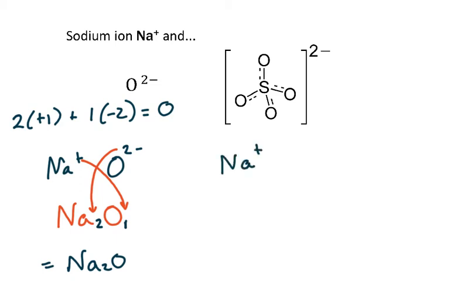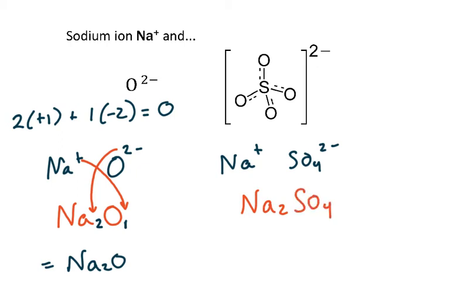Following the exact same pattern, except with sulfate, where we just have a collection of atoms. Instead of O, it's SO4, but just think of it as X. Treat it the same. And so we'd get Na2SO4, right?